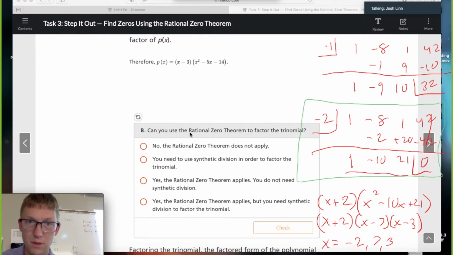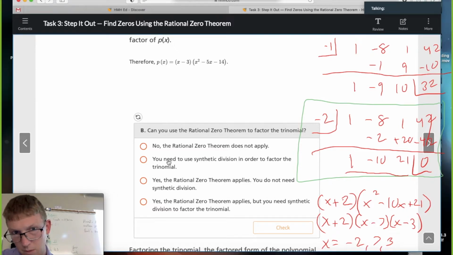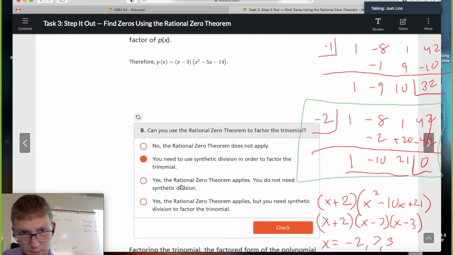So can you use the rational zero theorem to factor the trinomial? I would say yes. So no, the rational theorem does not apply. That's false. You need to use synthetic division in order to factor the trinomial. Kind of.